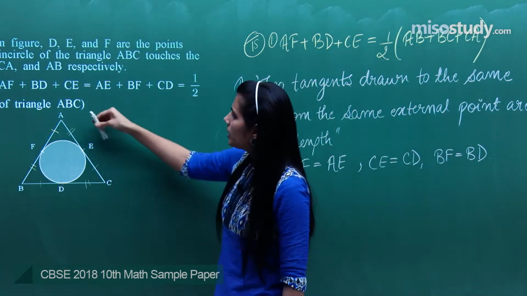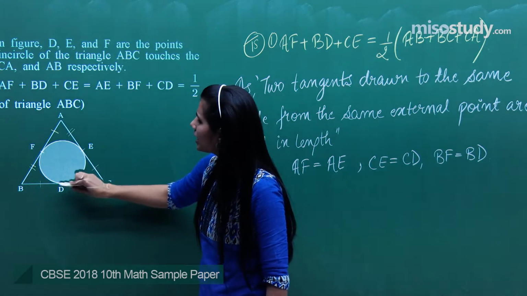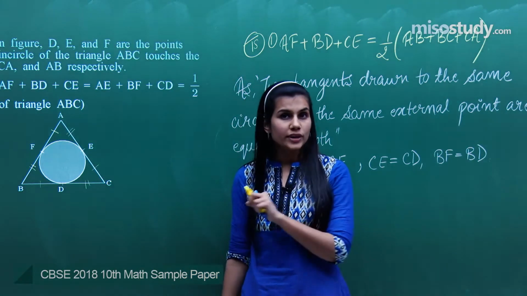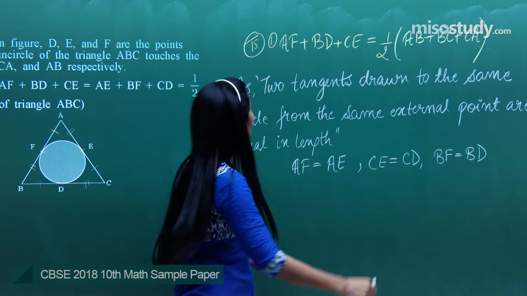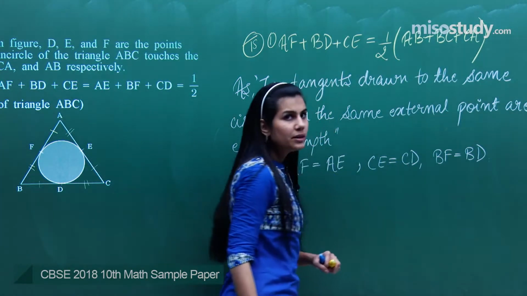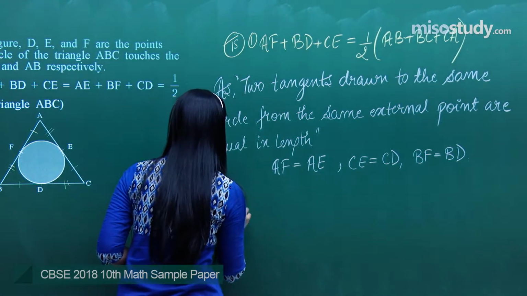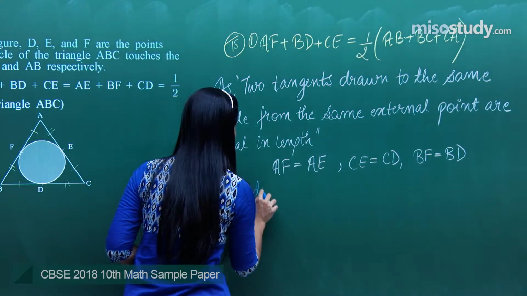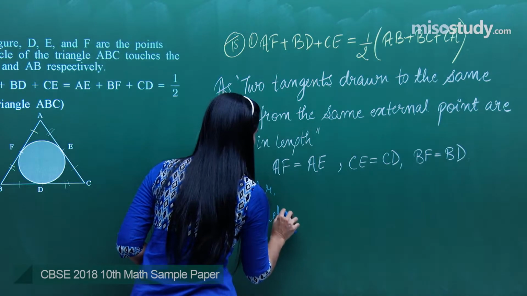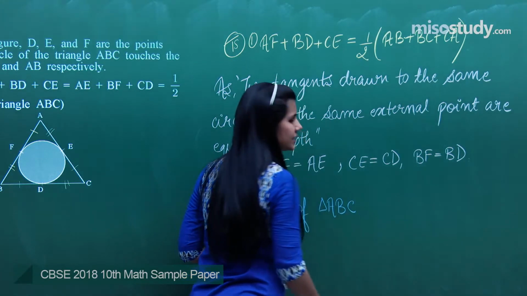Now that you know that this side is equal to this side, and this side is equal to this side, what is the thing which we have to show? I have to show AF plus BD plus CE is half of the perimeter of the triangle. So let us consider the perimeter of the triangle ABC.